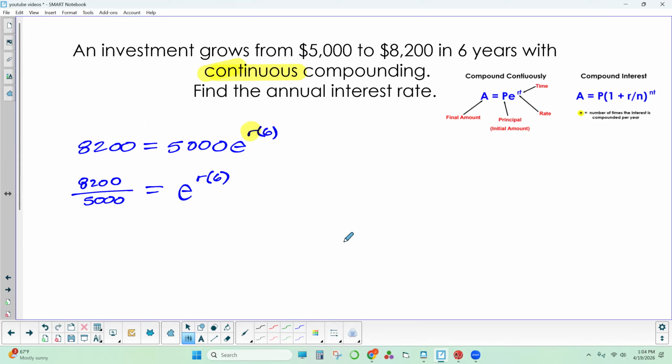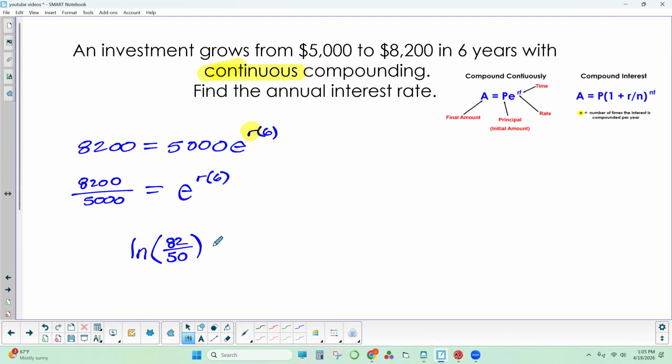All right, now I can write this as a log. Okay, so base e is going to be natural log of 8,200 over 5,000. Just to make it a little simpler, I'm just going to write 82 over 50. We could have written 41 over 25. It's fine.